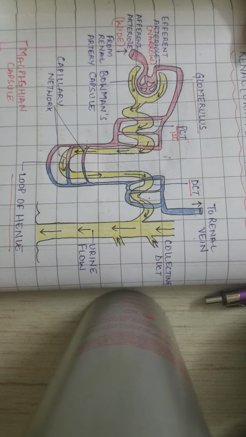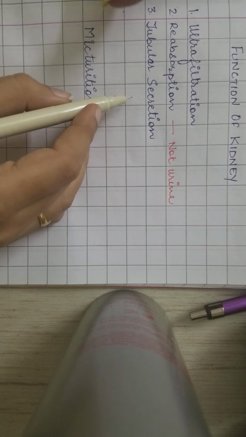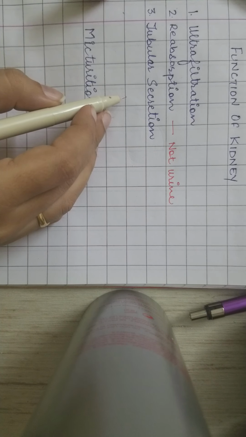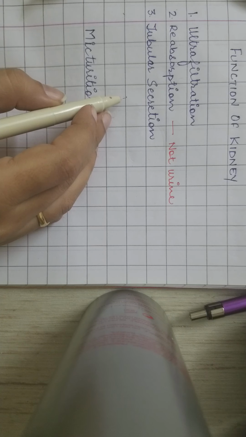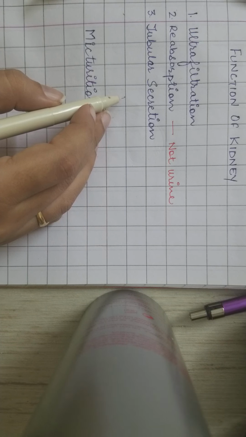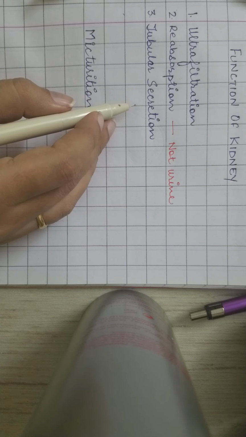Then next we have tubular secretion, in which mainly potassium ions or certain drugs like penicillin are passed into the distal convoluted tubule and help in the formation of urine.